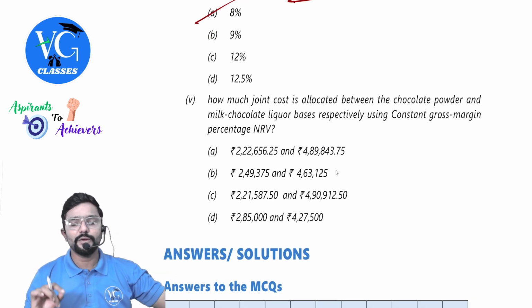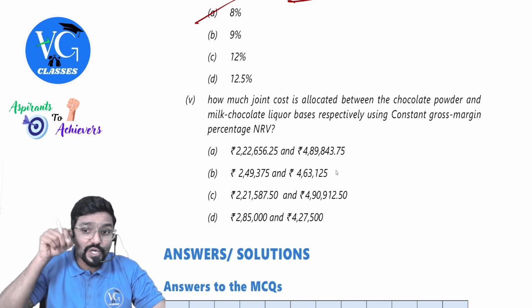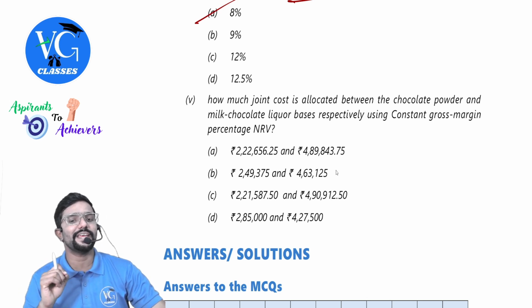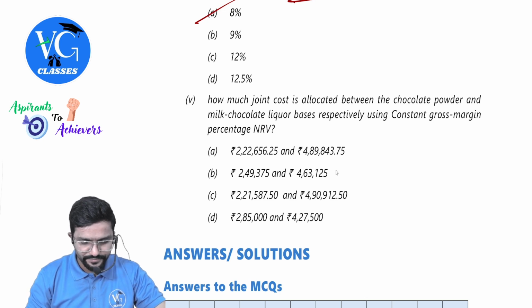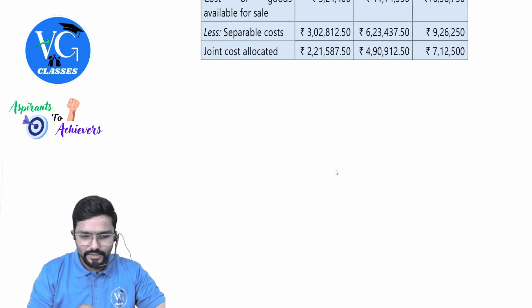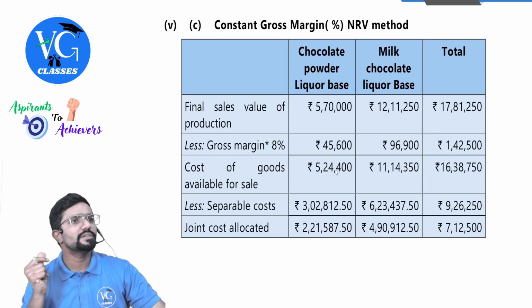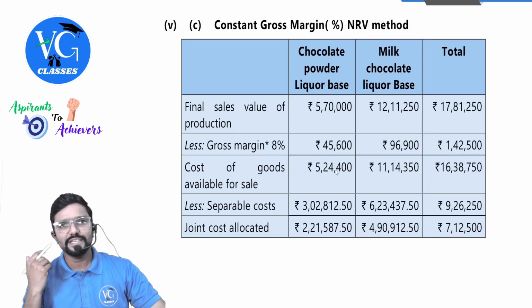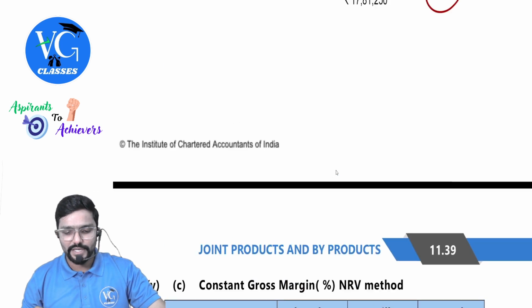How much joint cost is allocated between the chocolate powder and milk chocolate liquor base, respectively, using constant gross margin percentage NRV? 8%. Guys, you remember we had done some reverse calculation? That's all we have to do here. Final sale value after further processing.